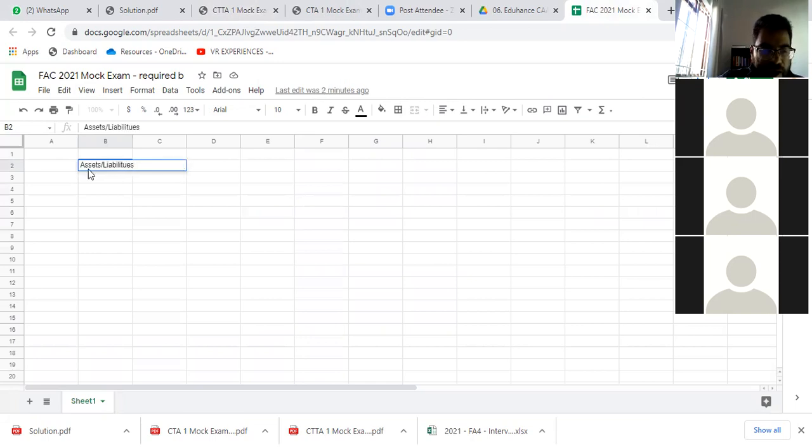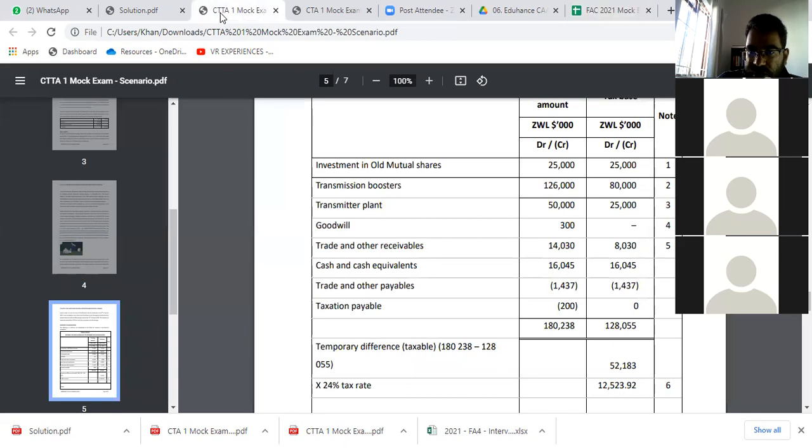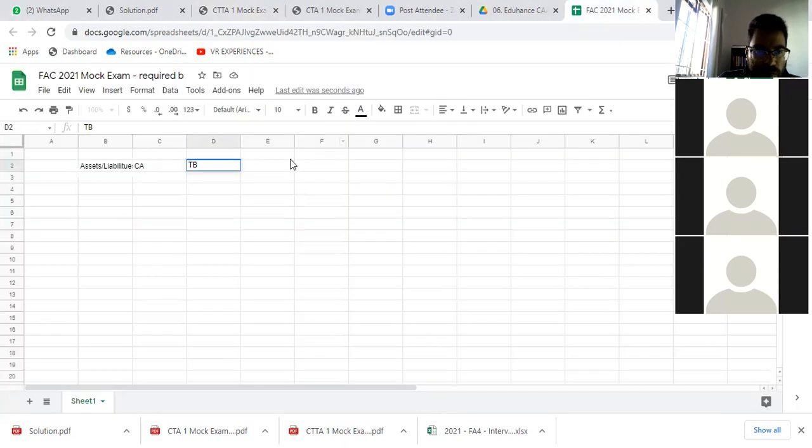We will have the carrying amount, the tax base, then the temporary difference and the deferred tax. I'll just put in the temporary difference here.